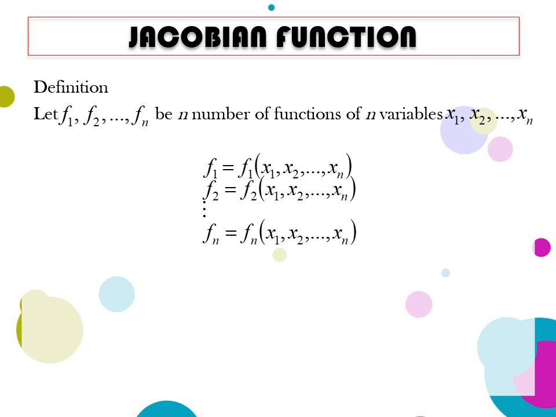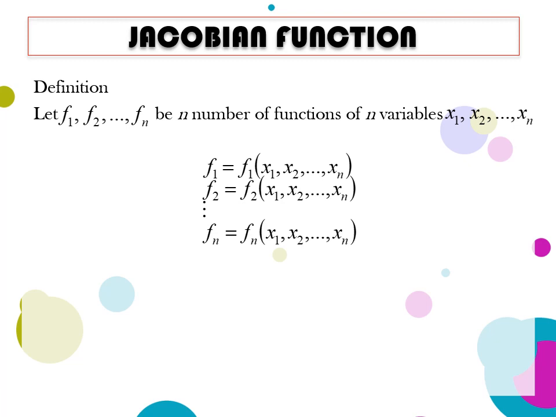So once you deal with a system, which consists of multiple functions, equations and so on, you will be dealing with a determinant, with a matrix. A system will create a matrix, right? So you will be dealing with a few functions. Let's say here you have functions f1, f2 until fn.